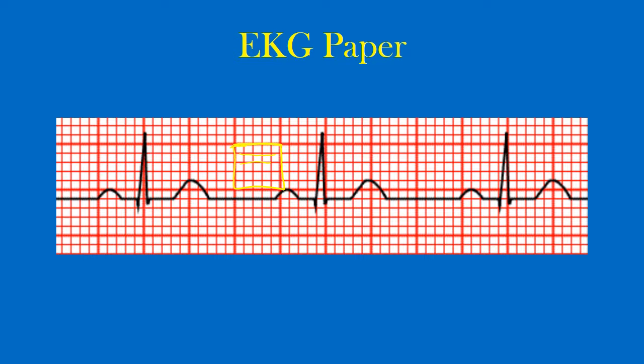And you could see that the bigger bolded boxes that we have throughout this paper have 5 small boxes going left to right and also from the bottom up. That is to say that one big box is made up of 25 small boxes.